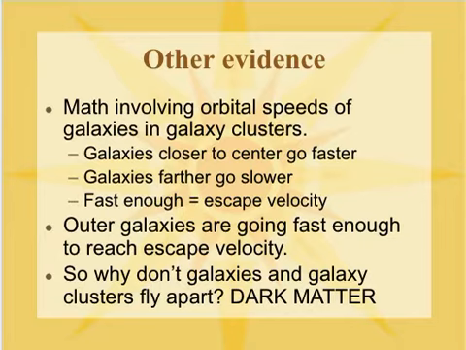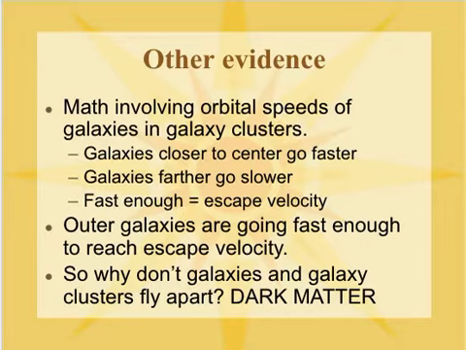Other evidence we have that dark matter exists is when we start to look at math. If you like astronomy or you really like math, this might be a place where you can excel in a career. They started to look at the orbital speeds of galaxies within galaxy clusters. And so when you start to think about how things spin, right, galaxies and stars closer to the center go faster and galaxies farther go slower.